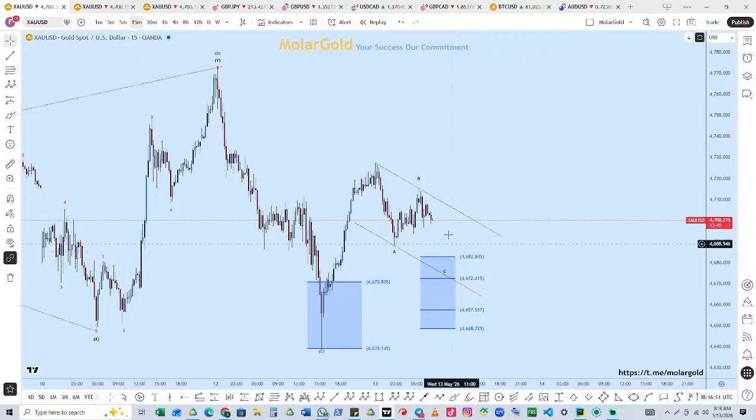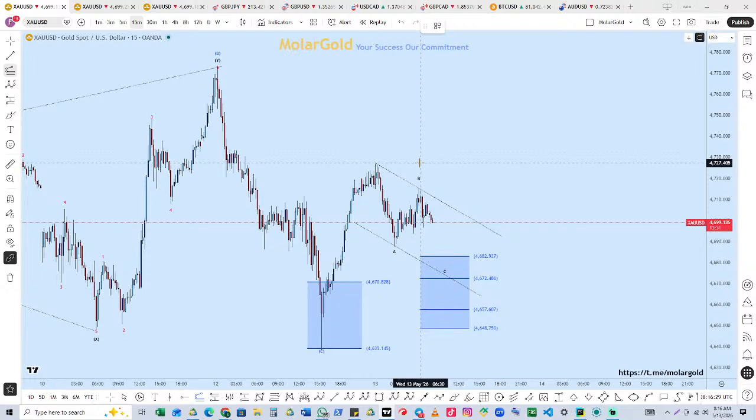Okay, so now that we have seen these levels, I'm going to add in the other ones. So let's add in the other ones quickly. All right, so I'm adding it there right now.